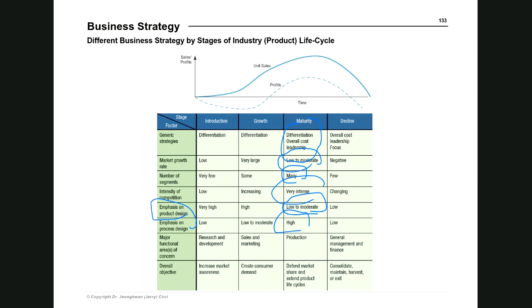That's the game. And the production-oriented approach is necessary. Then defend the market share and extend the product life cycle. That's our strategy. When we define the mobile phone industry is in here, fully matured market, then we can adjust and bring a better strategy in order to maximize our profit.